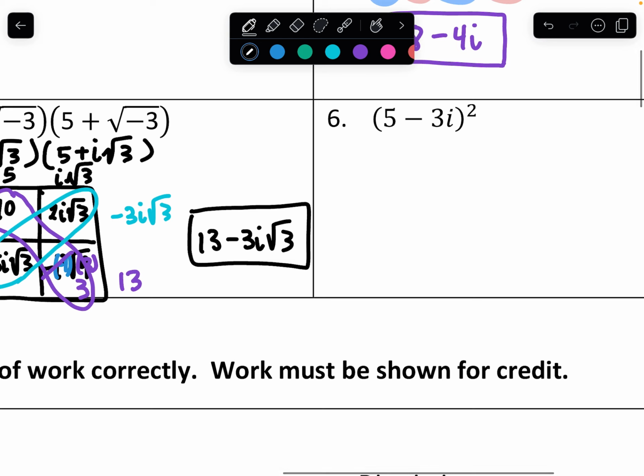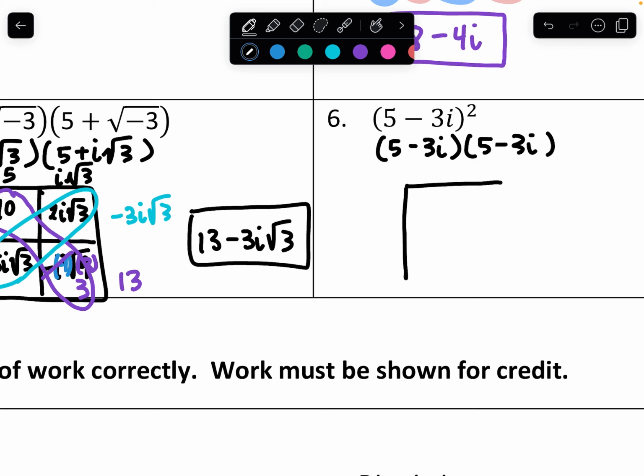Right, this last one, be careful. You can't distribute the square. This is the same thing as 5 minus 3i times 5 minus 3i. So we still need to FOIL or use the box method to multiply a binomial times a binomial.